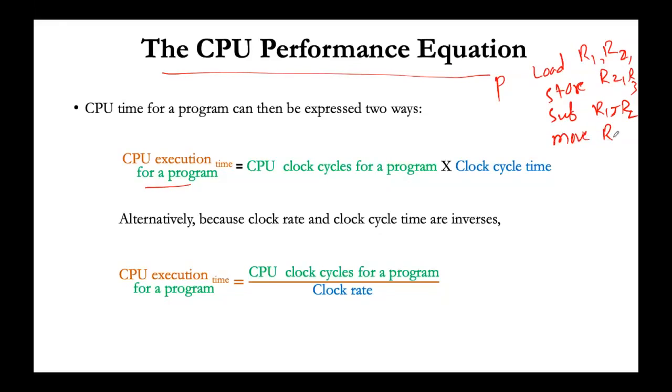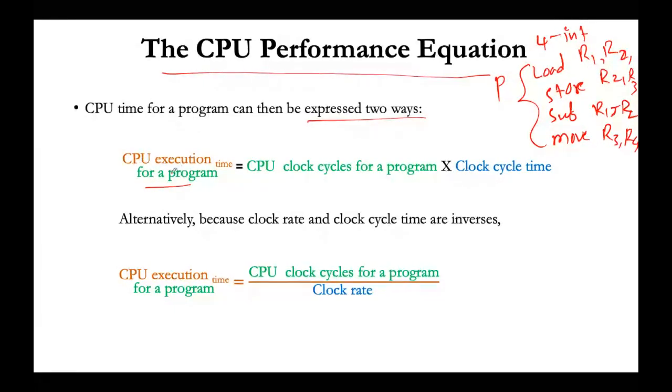This is just an example. So I have one program, and that program has 4 instructions. The execution time of this program, or the CPU time for the program, can be expressed in 2 ways.